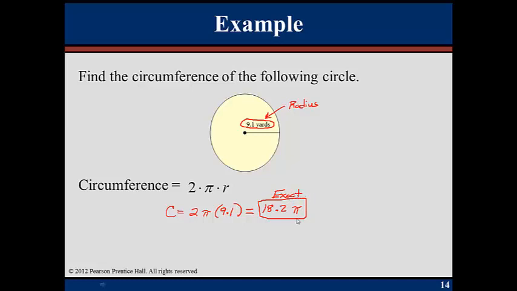Now for the approximate answer, we're going to replace the pi with 3.14. So it's 18.2 times 3.14.